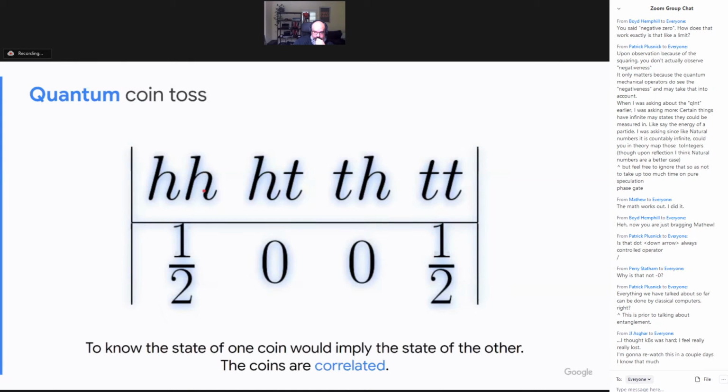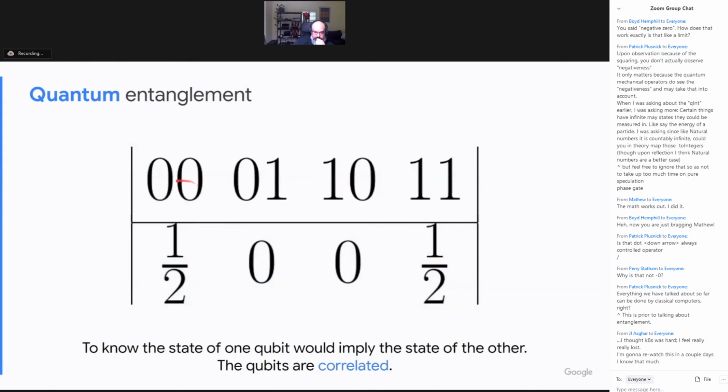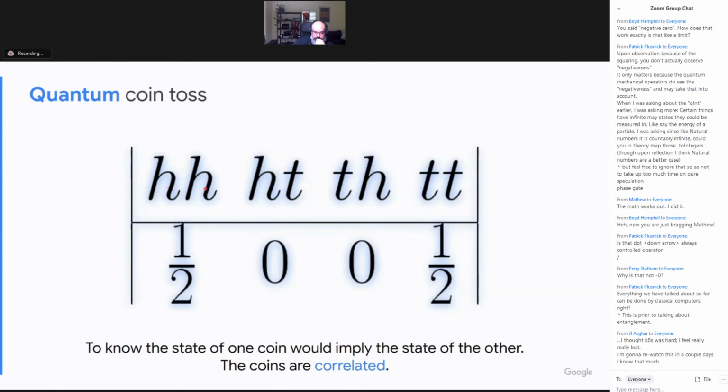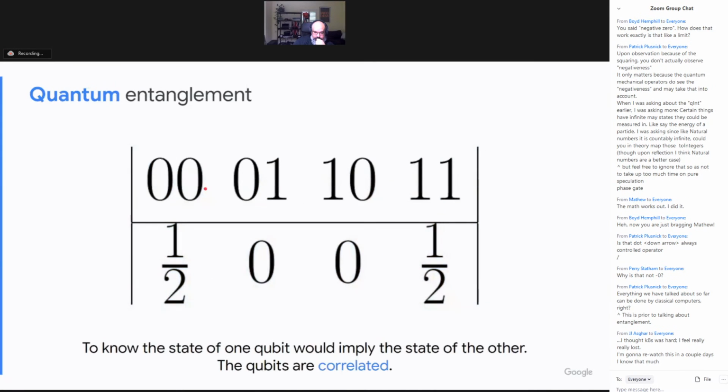They're entangled. Knowing what the first coin is implies what the second coin is. To know the state of one entangled qubit implies some knowledge about the state of the other one. That's entanglement. These qubits aren't independent anymore.